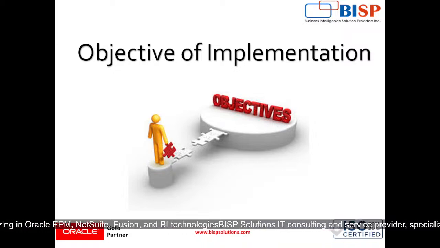Then it ensures business continuity and resilience. It means we are migrating from a traditional to a modern, reliable and more scalable platform, which minimizes downtime and disruptions through effective change management. Then optimizing total cost of ownership, which means it reduces reliance on multiple disconnected tools and systems.